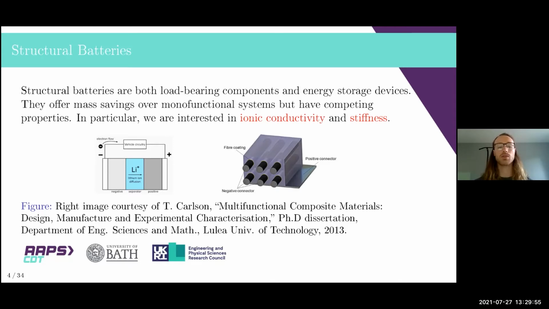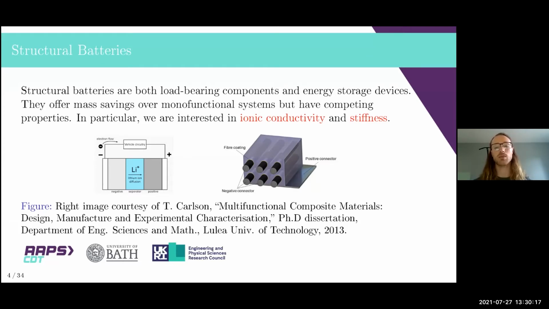Our lithium atoms are all collected on the negative electrode, and when the battery starts discharging, an electron separates from the lithium atom and passes through the vehicle circuitry to do whatever function is required. The lithium ion, which is the lithium atom with an electron removed, diffuses through the electrolyte, and then the electron and the ion meet again at the positive electrode.